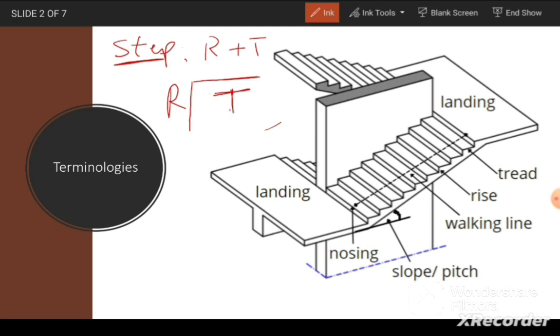And next, if we talk about the riser, this is the vertical component, and the height of the riser is the height between the two treads. And the width of the tread is the horizontal distance between the two risers. The next term is nosing. Nosing is actually the projection of the tread.